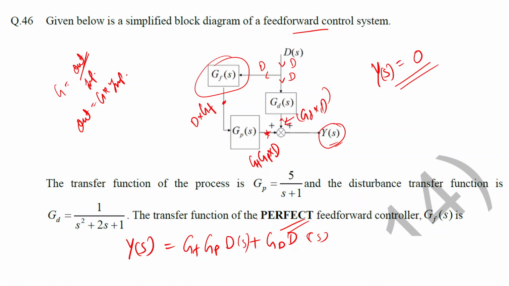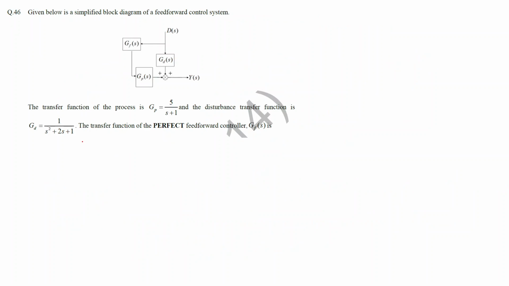So now let's write it over here. Y of s is equal to Gf Gp into disturbance plus Gd into disturbance.